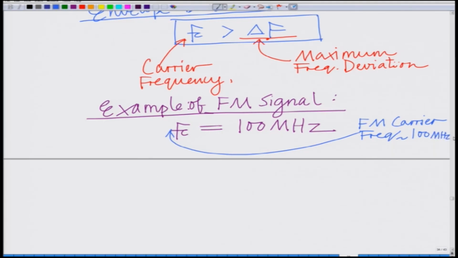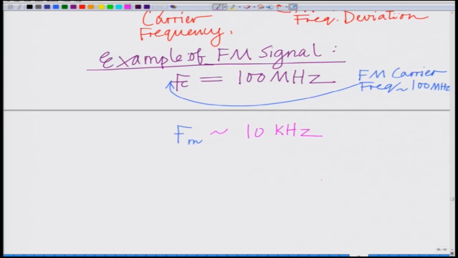The bandwidth or the maximum message frequency for FM is approximately of the order of 10 kilohertz.